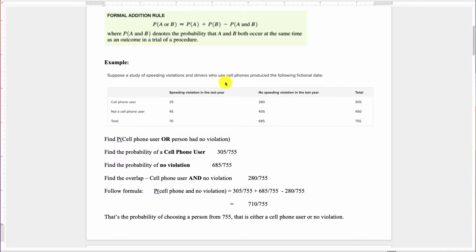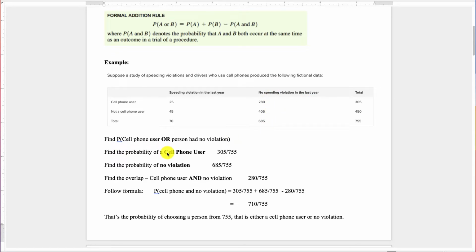So what we want to do is basically look at some probabilities here. Find the probability that they use a cell phone or the person had no violation. So here's the cell phone user list, and here's the no violation list.